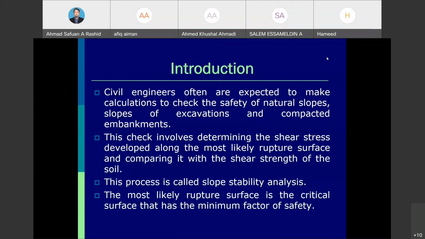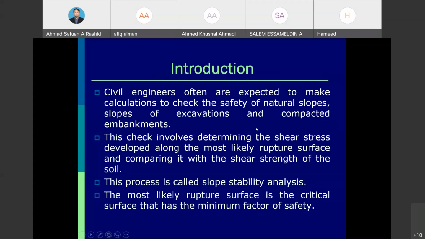As a refresher from what we learned last week, civil engineers are often expected to make calculations to check the safety of natural slopes, slopes of excavation and compacted embankments.